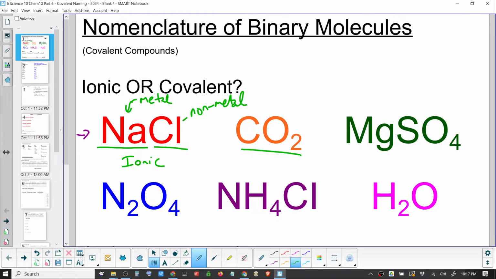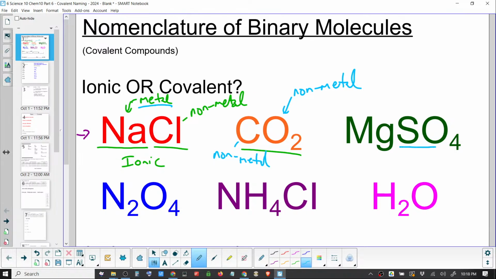CO2, or carbon dioxide, which gives you a clue, it's named differently from anything we've done before. We have a non-metal and another non-metal. So if it starts with a non-metal, it's probably covalent. We're going to name using the new system. If it starts with a metal, we probably have something that's ionic.